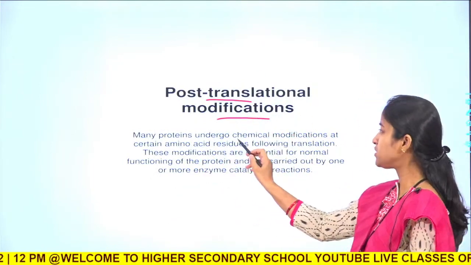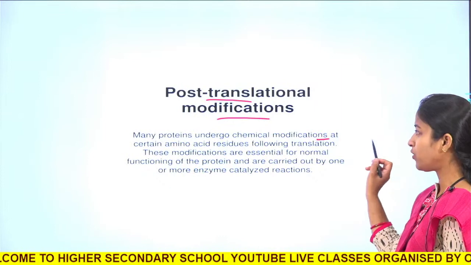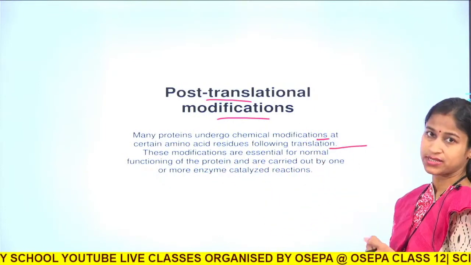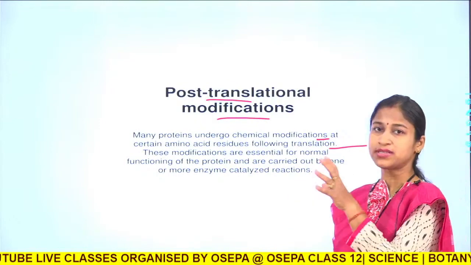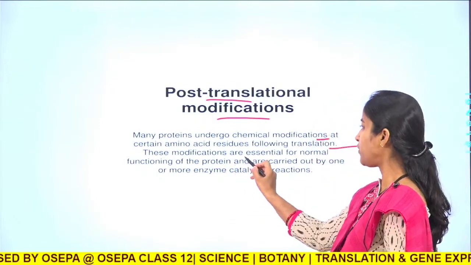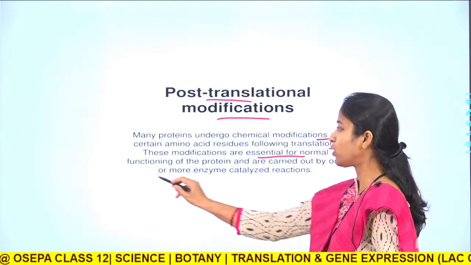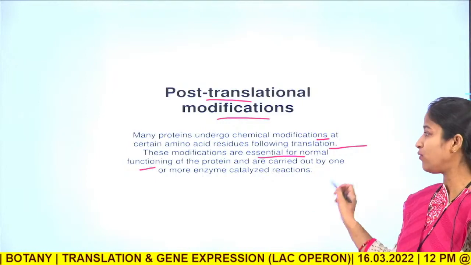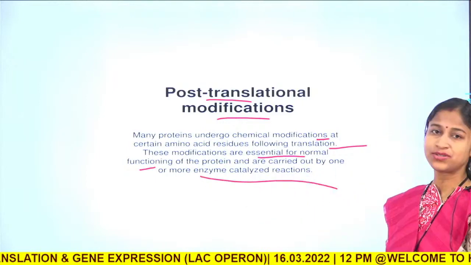Many proteins undergo a chemical modification at certain amino acid residues following translation. These modifications are essential for normal functioning of the protein and are carried out by one or more enzyme catalyzed reactions.